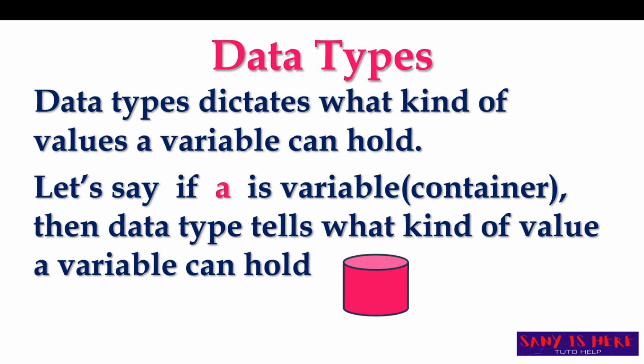Or pictorially you can see A is a variable, or it is like container. In this container, which type of value you are going to store, that is important. That is what we are going to study, and that is known as data type. What type of value to store here, that should be studied.